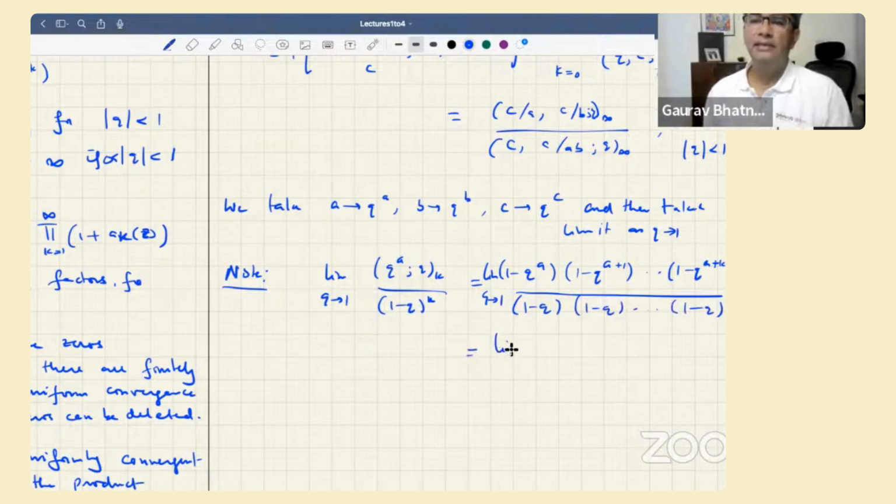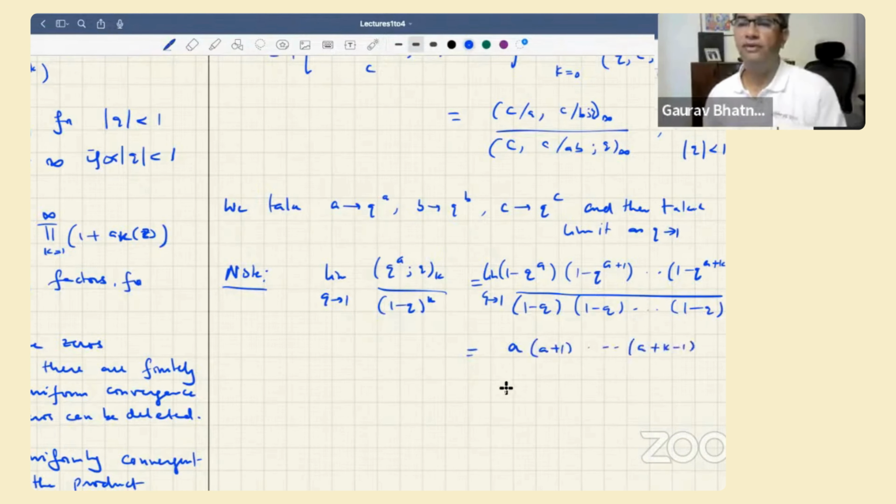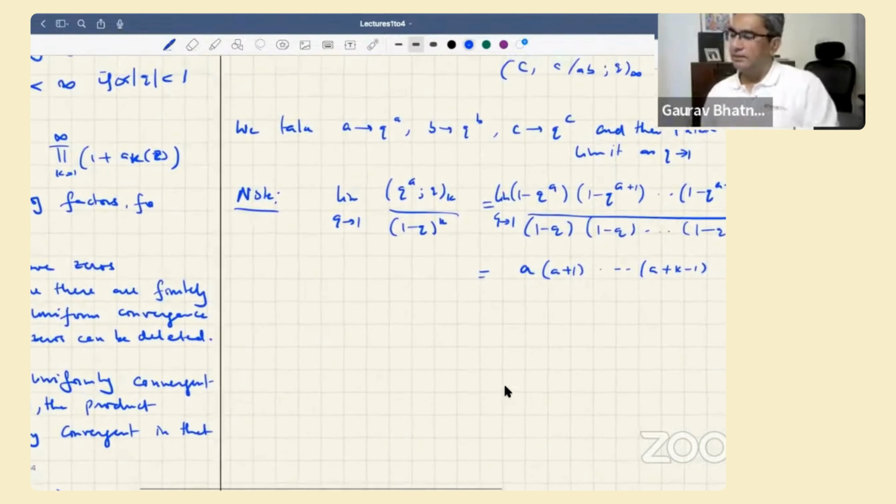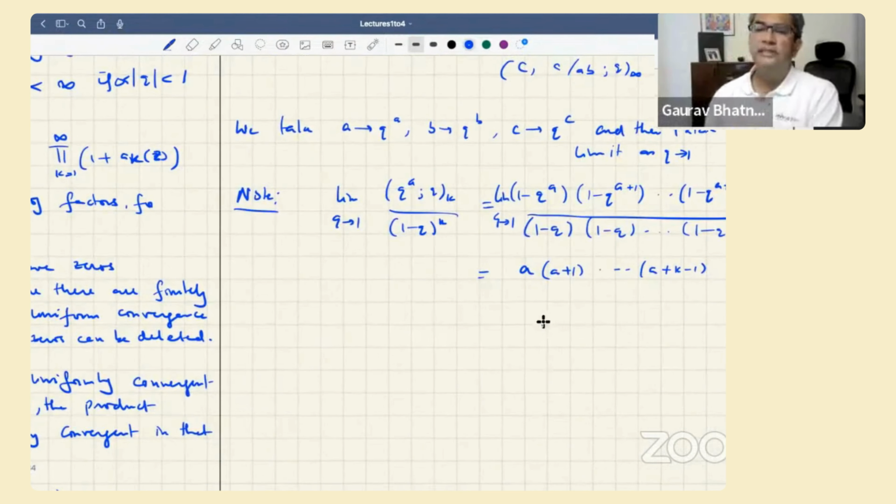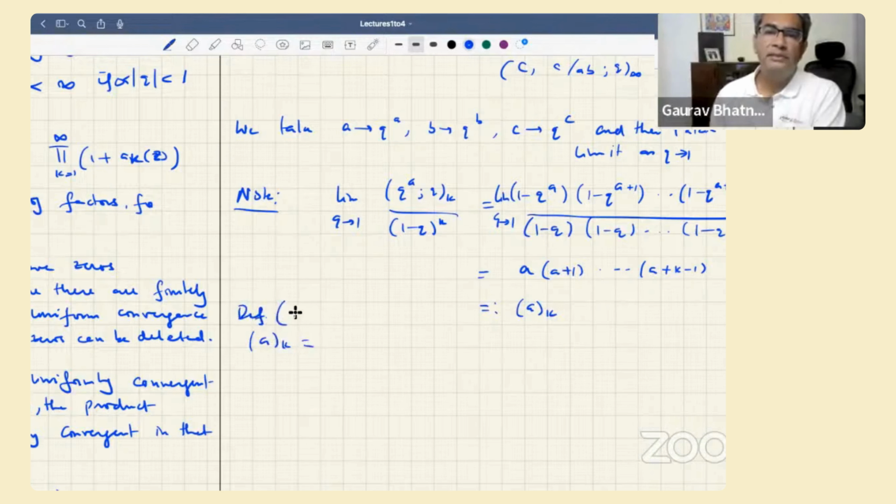When you take the limit, you will get a into a plus 1 up to a plus k minus 1. So k factors. Right. So this we denote as (a)_k. Let me say (a)_k is the Pochhammer symbol, the rising factorial.